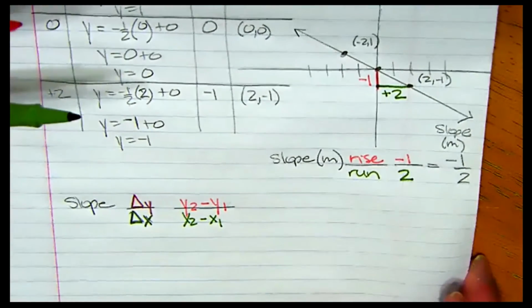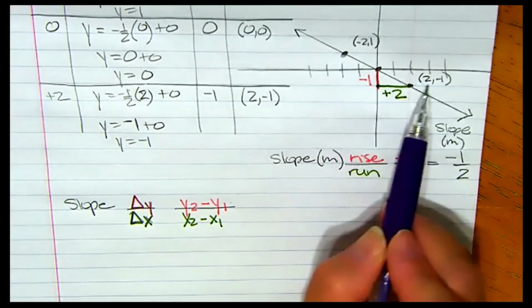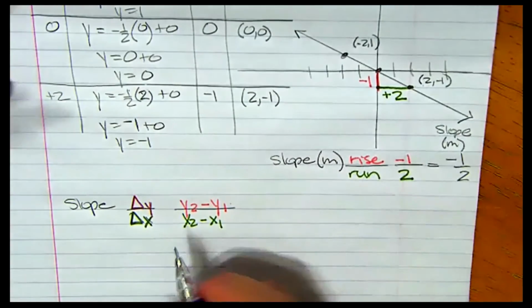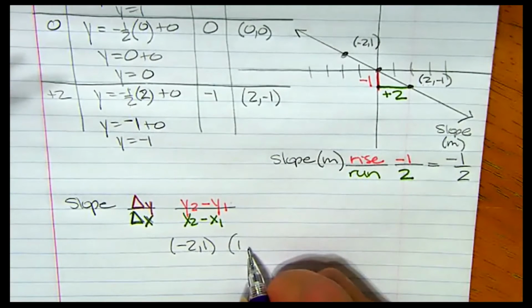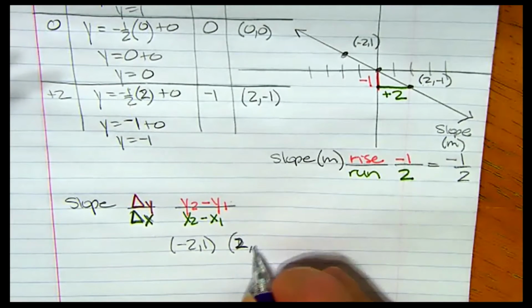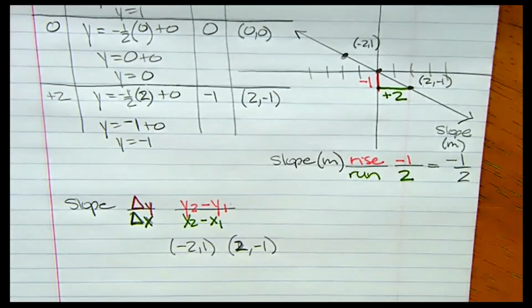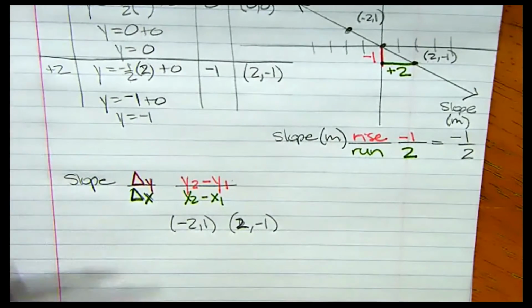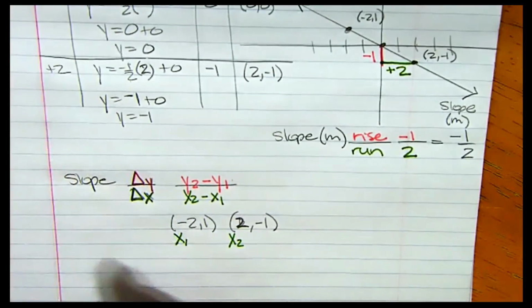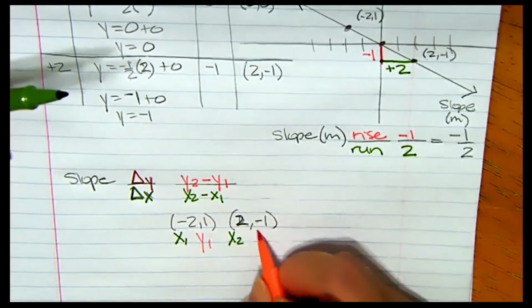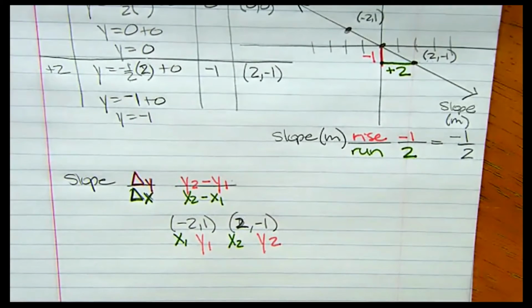So I'm going to pick 2 points. I like these 2 points right here, negative 2, 1, and 2, negative 1. And we're going to label these points x1, x2, y1, y2.